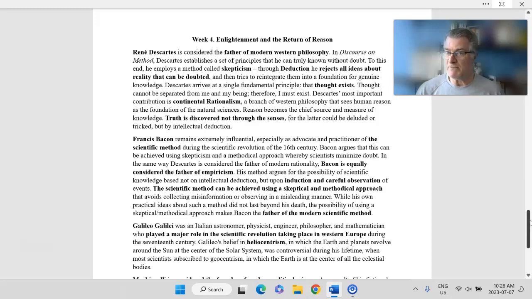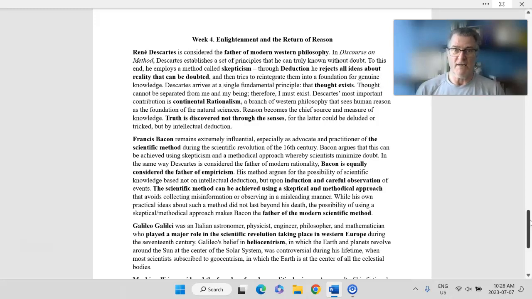So reason becomes a chief source and measure of all knowledge. Truth is discovered not through the senses, in other words, not from an empirical point of view, but from a rational point of view.